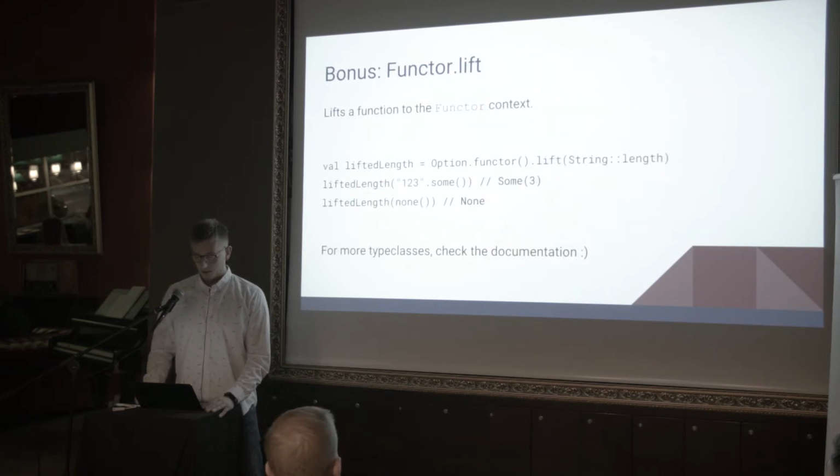Bonus here, Functor has one useful method which is called lift, which lifts a function to the Functor context. For example, we can lift the length function from String and pass it Some of 1 to 3, for example, or None, and receive an Option result. For more type classes, you can check the documentation.